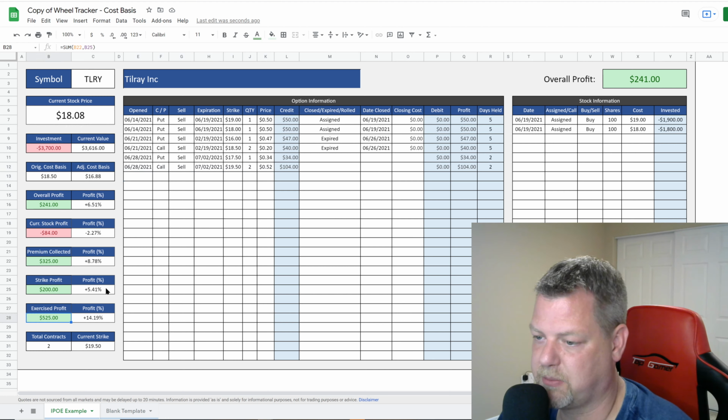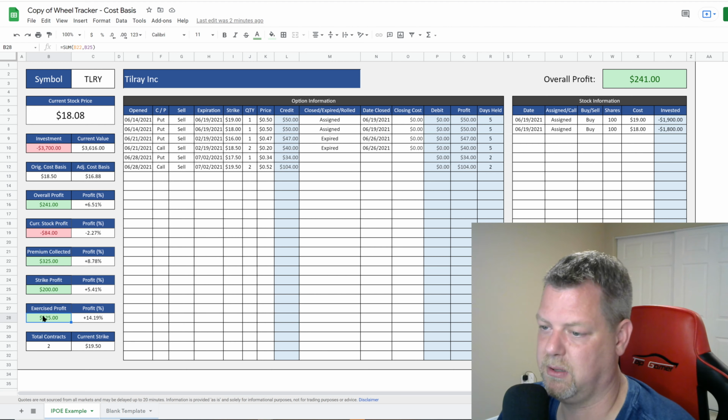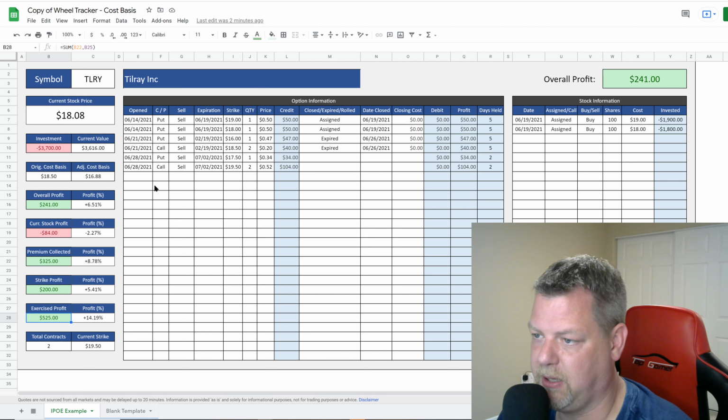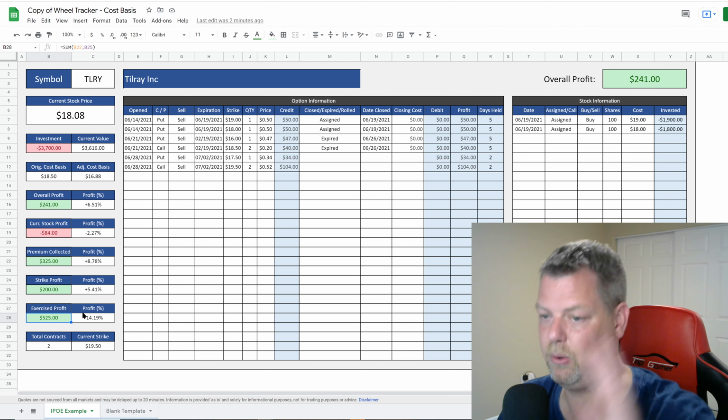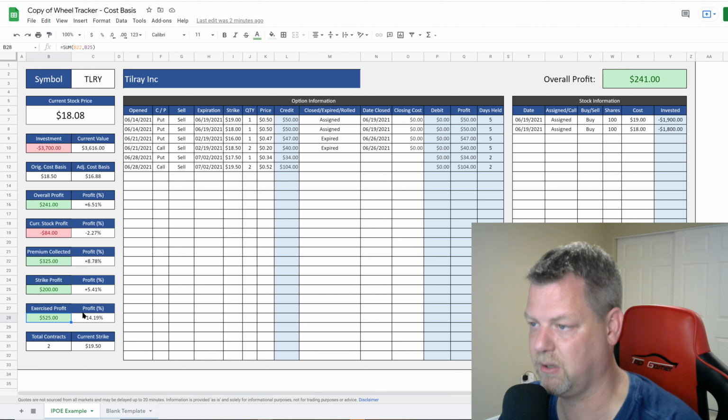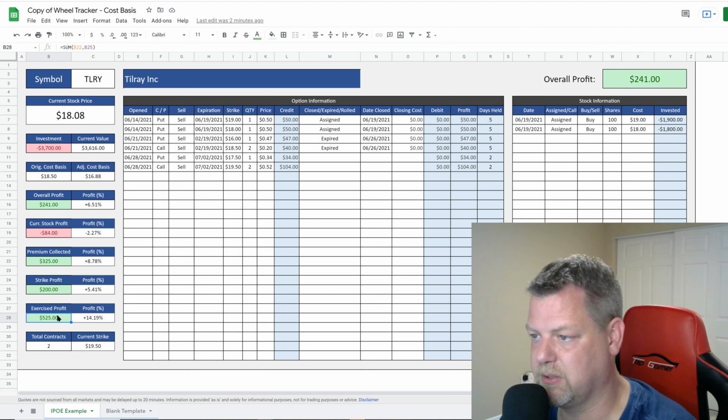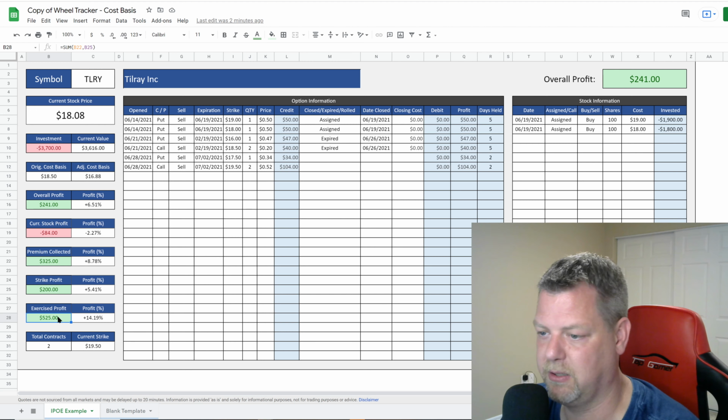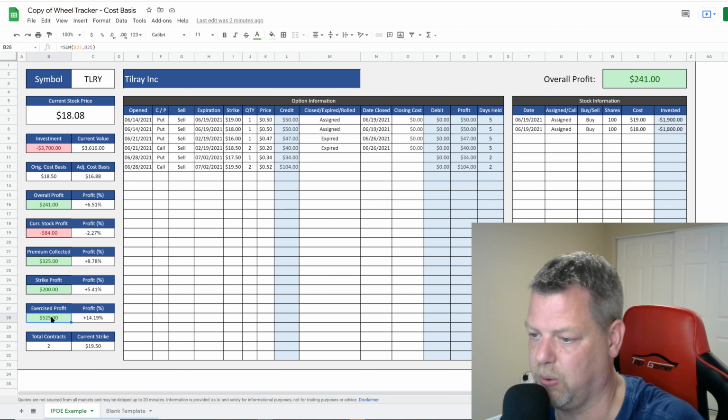And exercise profit, this is your total amount of profit that you would make, like the whole wheel together. If it goes above 1950, you get the shares called away from you, and that's where it leaves you, right at 1950 or above.